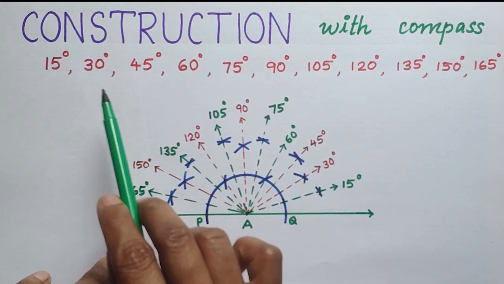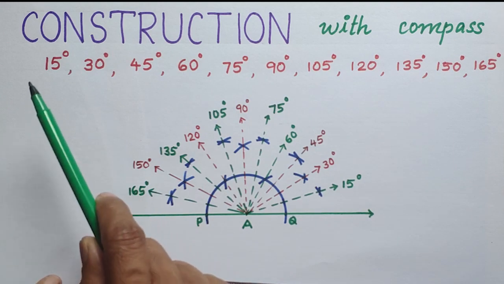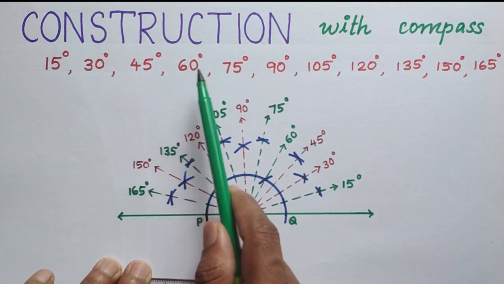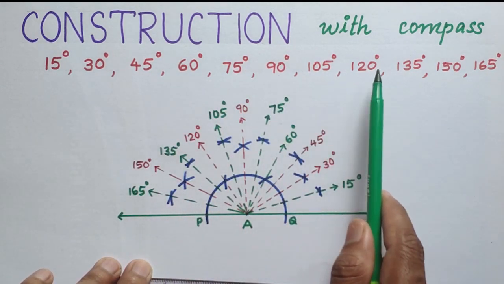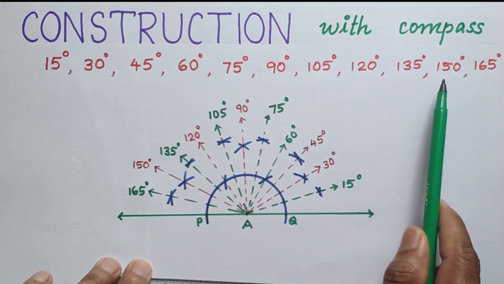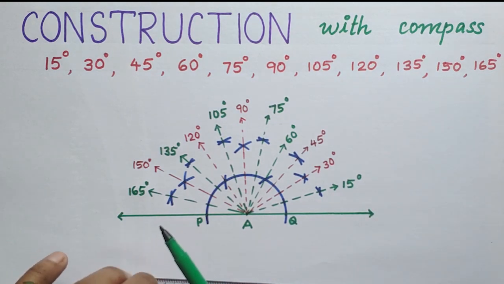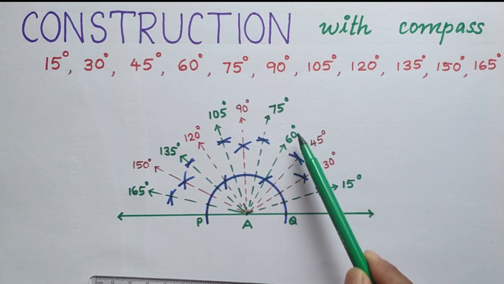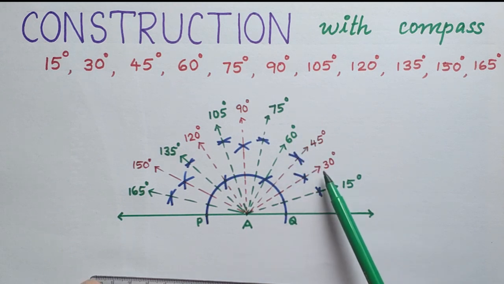See, these all angles are multiples of 15. 15, 30, 45, 60, 75, 90, 105, 120, 135, 150 and 165. First we have to construct 60, then bisect 60, we will get 30. Again bisect 30, that means 15.